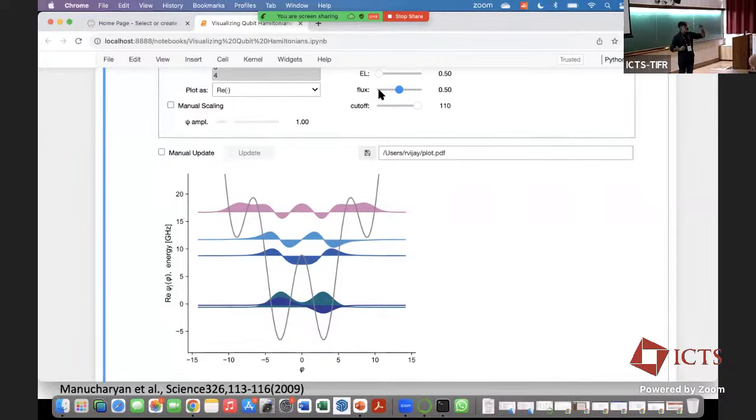And what's going to set the splitting between these two? It's entirely the tunnel coupling between these two wells, right? And that can be very small. In this case, this difference is typically on the order of a few hundred megahertz, as opposed to a few thousand megahertz, like gigahertz, for the transmon.